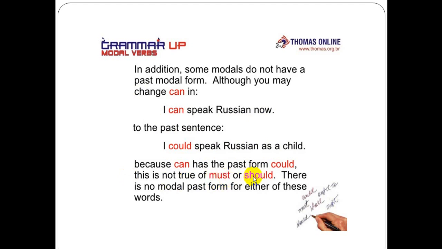We don't have a past form of must or should. There is no modal past form for either of these words. But must or should, we don't have a past form. Pay attention to this point.